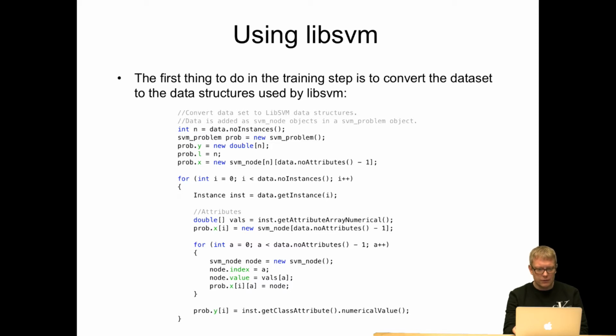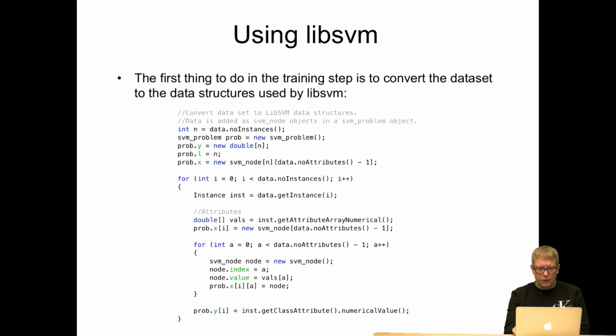The index equals the attribute index. The value is the attribute value, and the problem.x at i, that's the row, the training example we are currently at, and a is the attribute number, is the new SVM node. And then the problem.y at row i is the class value for the current training example.